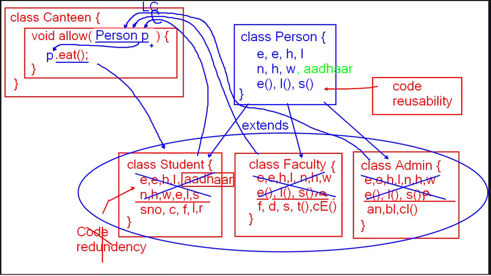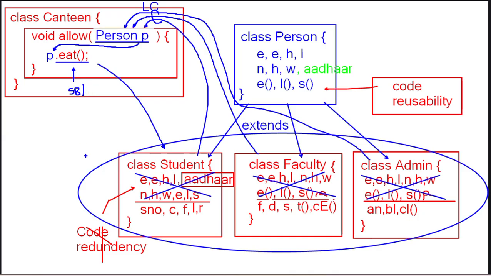Next, without inheritance, when you call each method, you use which variable? Student dot. Then each method is executed only for which class? Student class. Cannot change it to faculty, cannot change to admin. That way of method call is called static binding, also called compile time polymorphism.